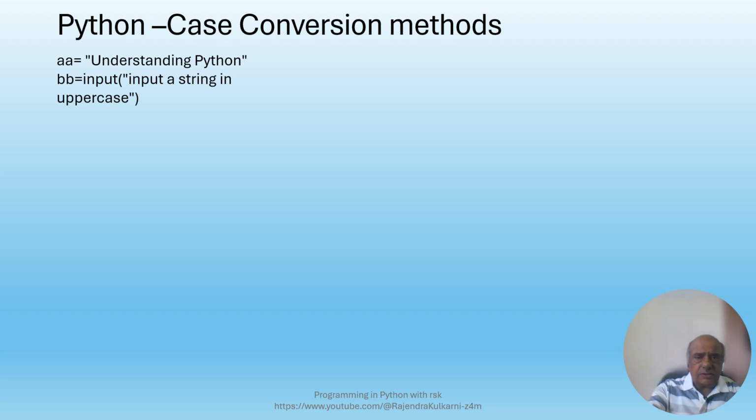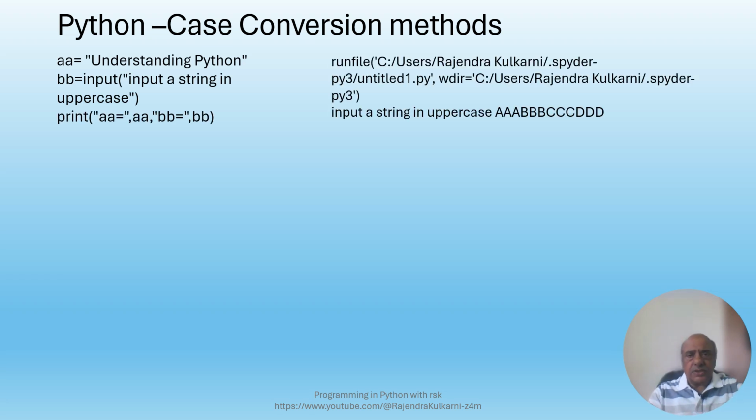There are many case conversion methods in Python. We will see the case conversion methods one by one. We have declared and defined two string variables AA and BB. To AA we have assigned understanding Python as a string constant, which is an object of class string. For BB we are asking the user to input a string in uppercase.